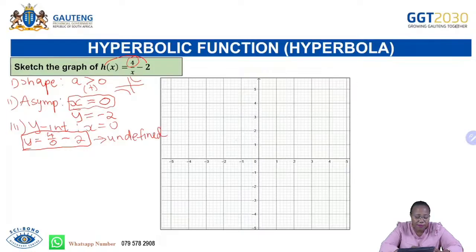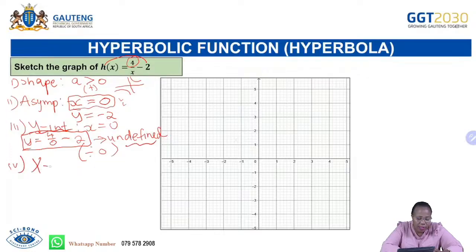Because division by 0 is not allowed in mathematics. Now number 4, grade 12, in all your hyperbola functions in technical math, you are not going to get the y-intercept for this graph because of this asymptote. The y-intercept will always be undefined.